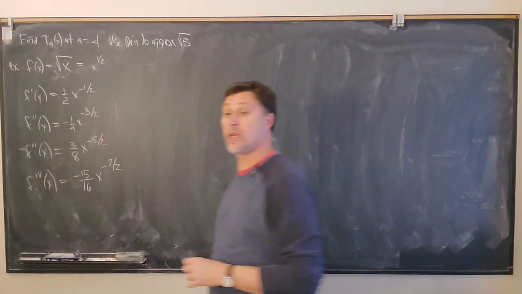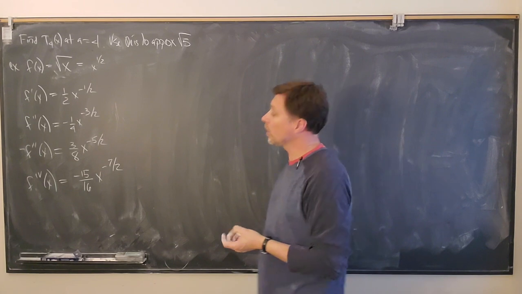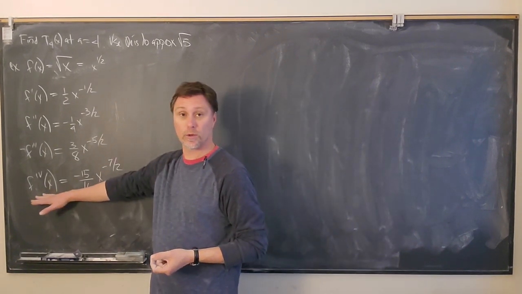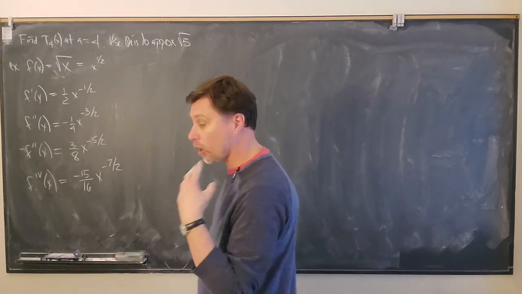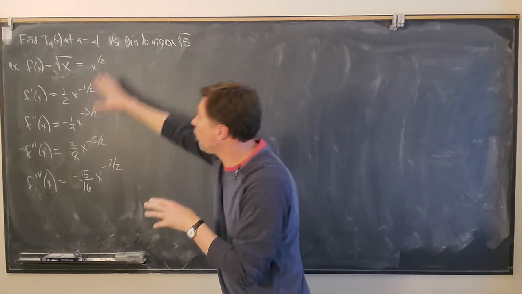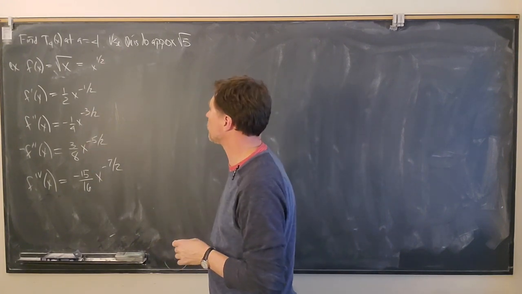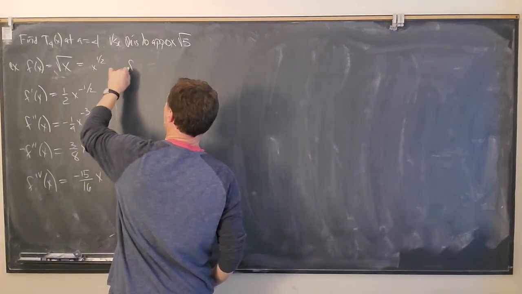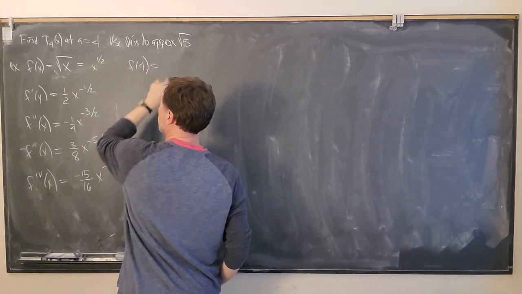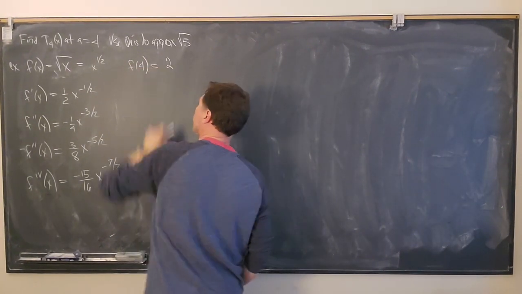If you're computing the order 4 Taylor polynomial, that means you need to go out to the fourth derivative. Now we plug our a value in, so I need to plug 4 into all of these derivatives. First, f of 4 is the square root of 4, which is 2.